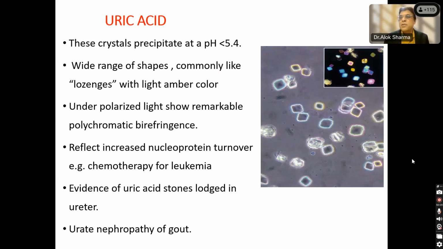So these can get dislodged from there and appear in the urine. And gout, of course, is the most common condition where they have diagnostic significance. So apart from gout, you should also remember the other conditions where you can get a large number of uric acid crystals in urine. These are probably the most easily identifiable crystals, but have a lot of clinical significance attached to them.